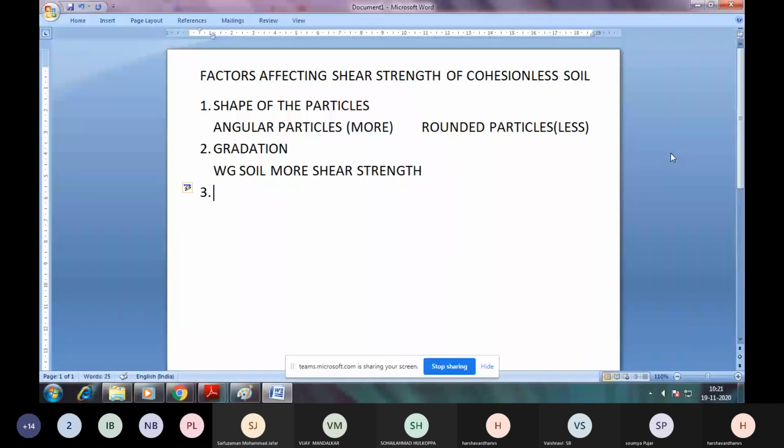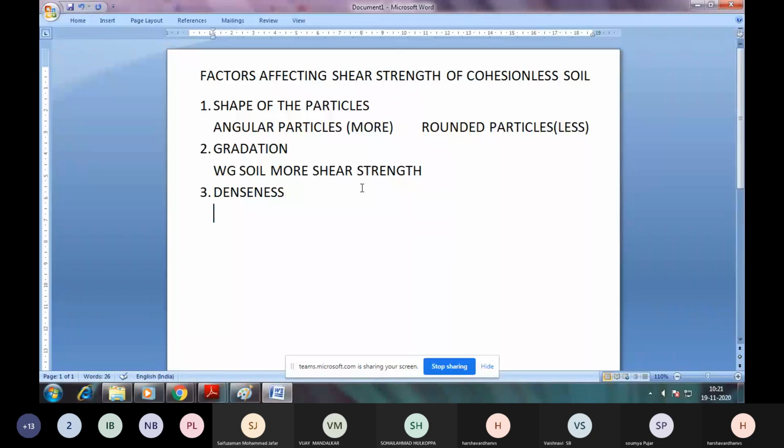The next factor that affects the shear strength of cohesionless soil is denseness of the soil. Denseness meaning density of the soil. I told you the factors that contribute towards the shear strength of soil are interlocking of the particles, friction between the particles, and cohesion between the particles. When the density is more, the interlocking of the particles will be more.